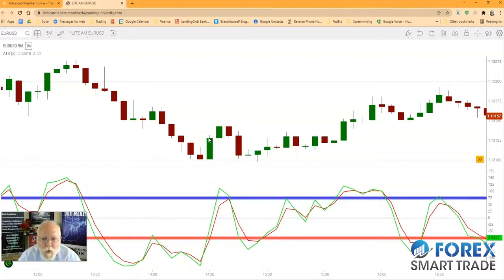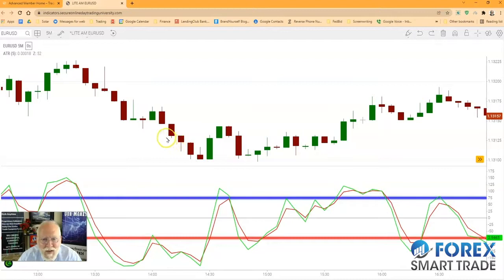Opposite holds true for a red candle. Basically, that's saying that the price closed below where it opened. So on this red candle, it opened here, it went up a little bit, so we see the wick, came down, pulled back and closed here. So we are not trading off of the candles.